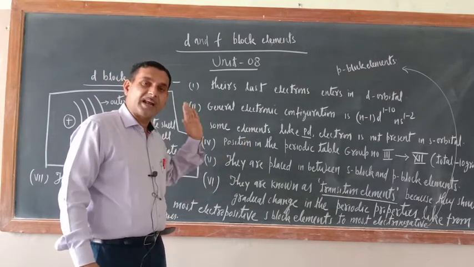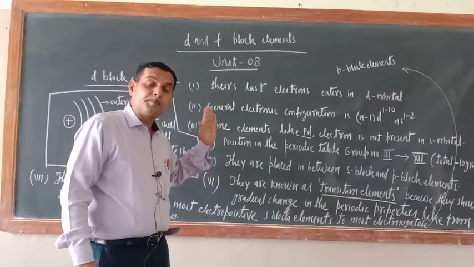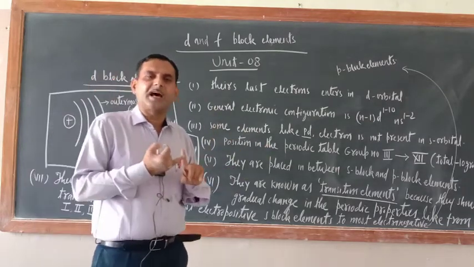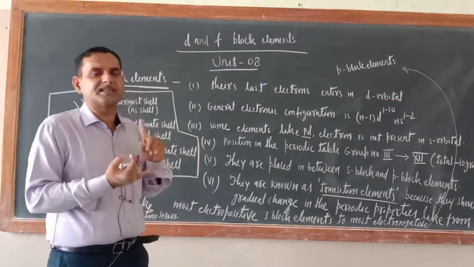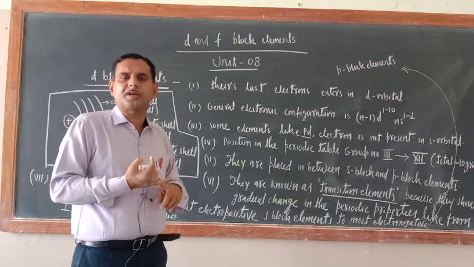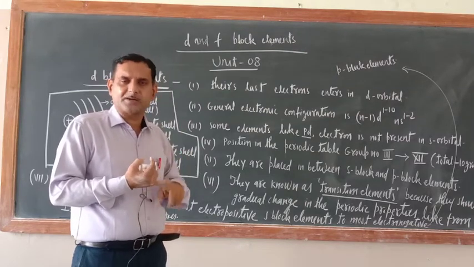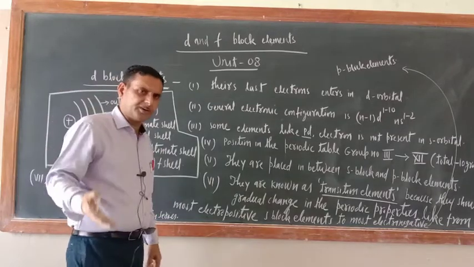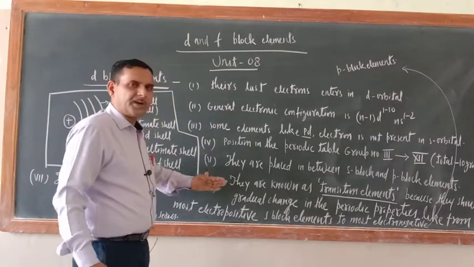Because they show gradual change in the periodic properties. What are the periodic properties? Ionization enthalpy, atomic size, ionic size, electron gain enthalpy, electronegativity, electropositive character, electronegative character. These are known as periodic properties.